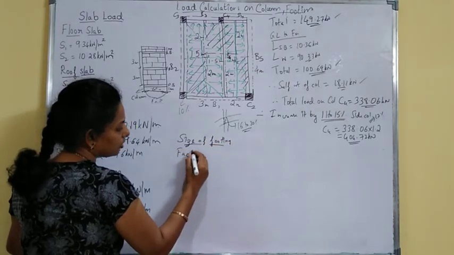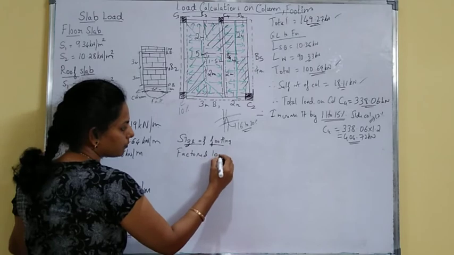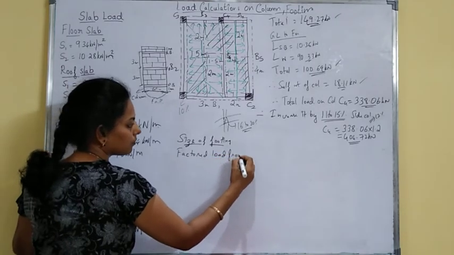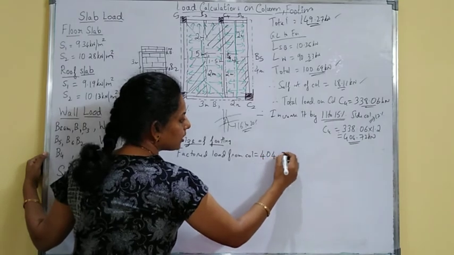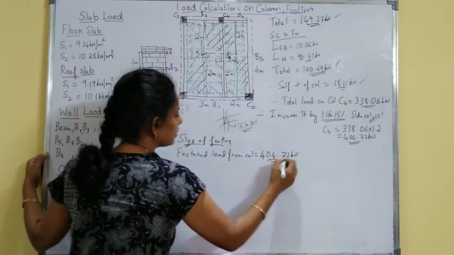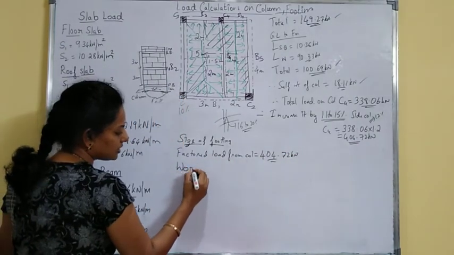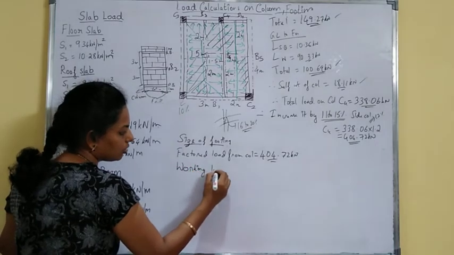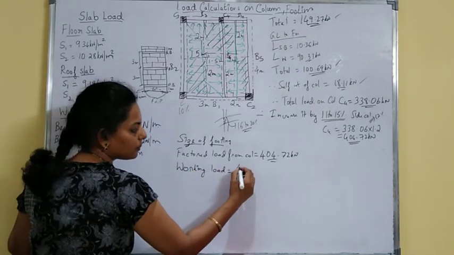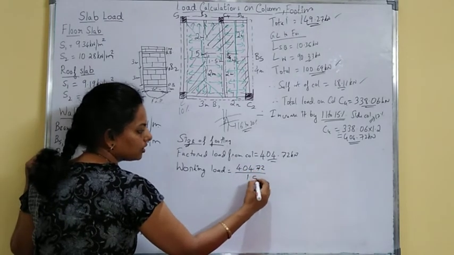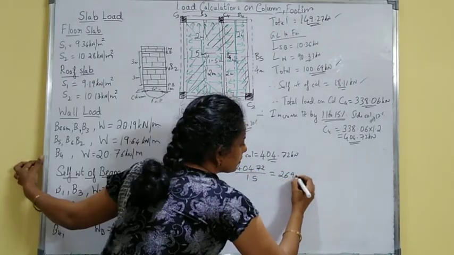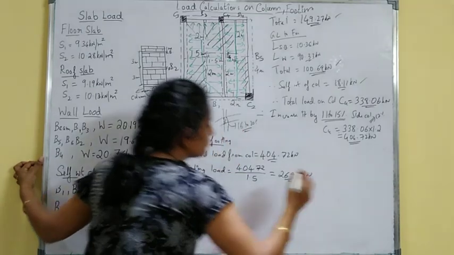Next, to calculate size of footing, that is factor load from column is nothing but 404.72 kilonewton, and here you have to consider a working load. Working load is nothing but divided by factor of safety, that is factor of safety is 1.5.